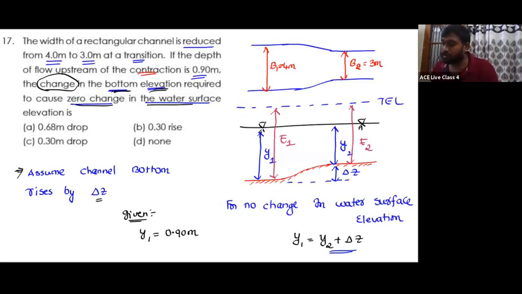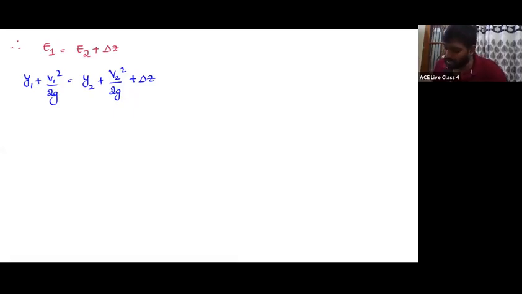Yes or no? When Y2 plus delta Z is Y1, both get cancelled. Then V1 square by 2g is equal to V2 square by 2g, so the velocities are going to be the same.